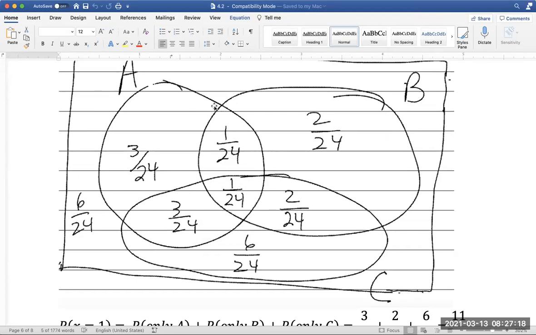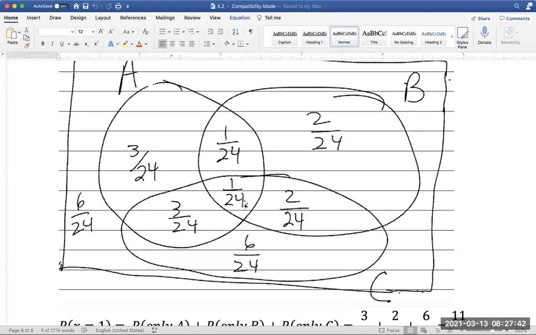Let's look at the probability that A and B solve it. If I do that, it's this slice of the pie. 1/3 times 1/4 is 1 out of 12. So this whole slice here is 1 out of 12, which is 2 out of 24.